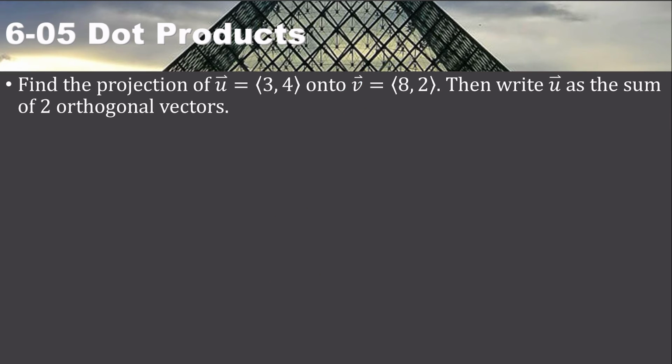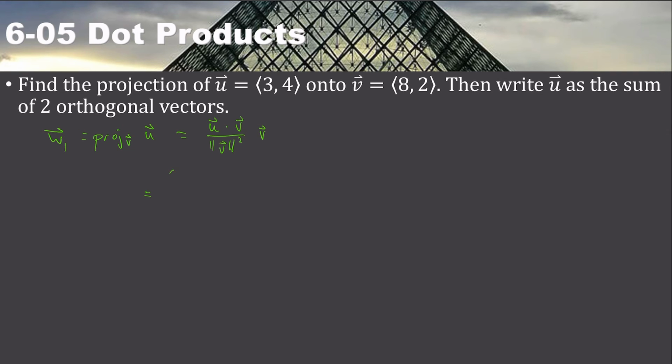Let's find the projection of vector u onto vector v, and then write u as the sum of two orthogonal vectors. All right, so w1 is the projection onto v of vector u. All right, that's the dot product over the magnitude of v squared times vector v.